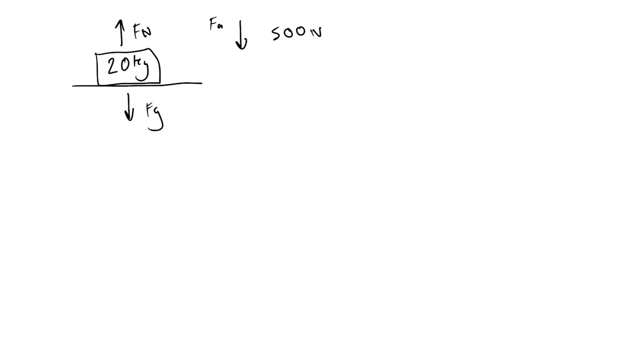For this, we would recognize that the normal force, because this is an equilibrium before the force applied, would just be equal to the force of gravity. But now it's equal to the force of gravity plus the applied force, Fn equals Fg plus Fa.